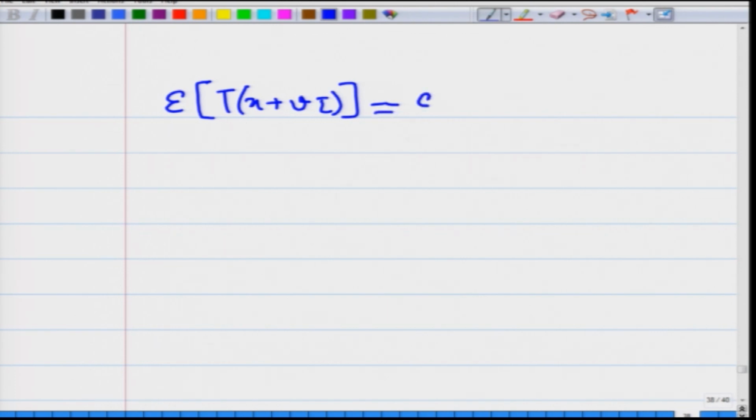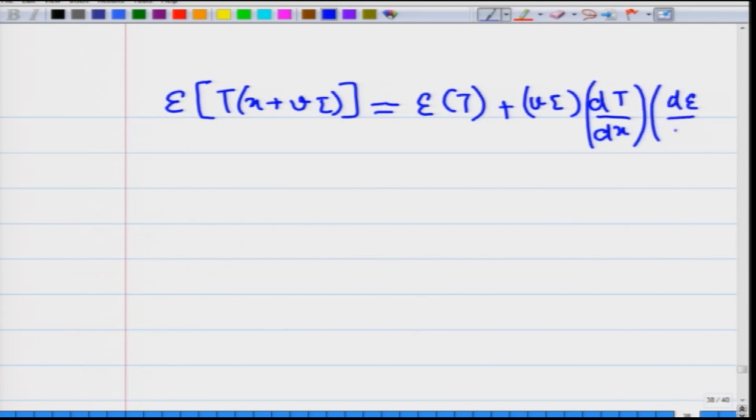This will be energy E(T) plus V tau dT by dx into dE by dT. And the net heat flux Jq, if you recall, was the sum of two terms.